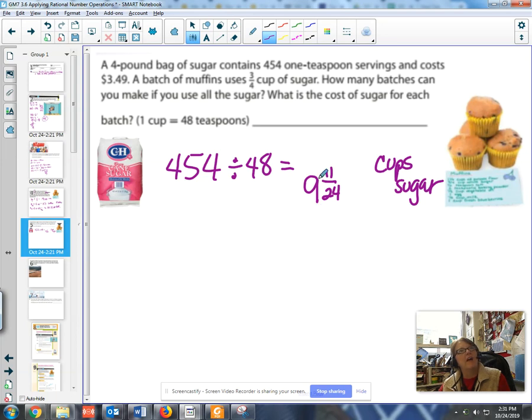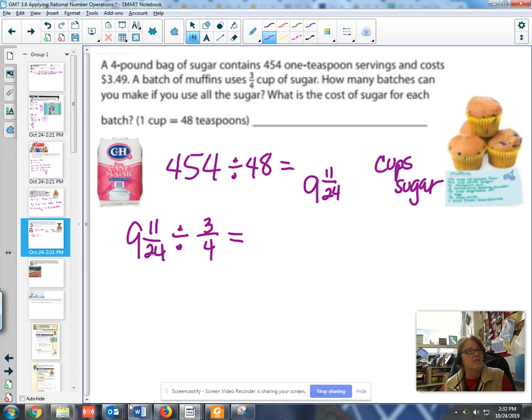So now if I have this much sugar in my bag and I know that each batch uses 3/4 cup of sugar. Okay, now that's smaller than 1, which tells me my answer is going to be bigger than 9 because I have 9 plus cups of sugar and each batch I'm only using 3/4. So I'm going to get an answer bigger than 9.